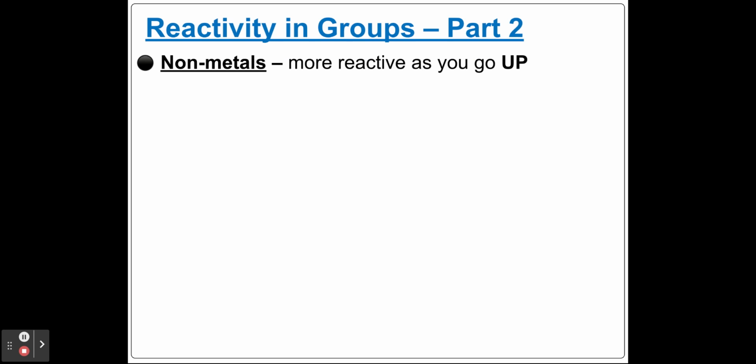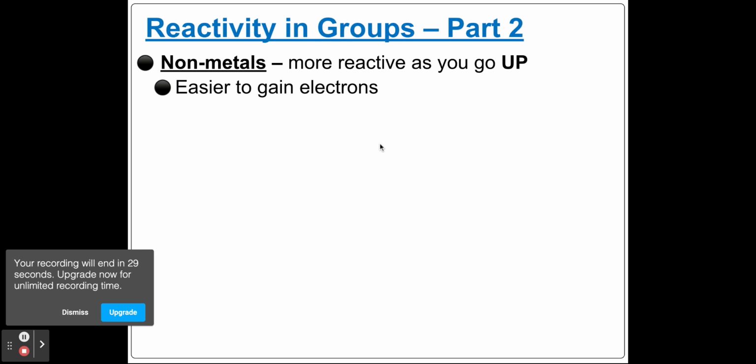For nonmetals, nonmetals are more reactive as you go up a group, right? Why is that? That's because it's easier to gain electrons. Remember, the nonmetals want to gain electrons, as opposed to the metals, which want to lose electrons.